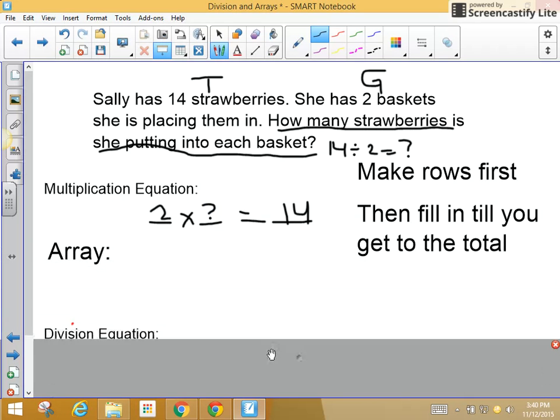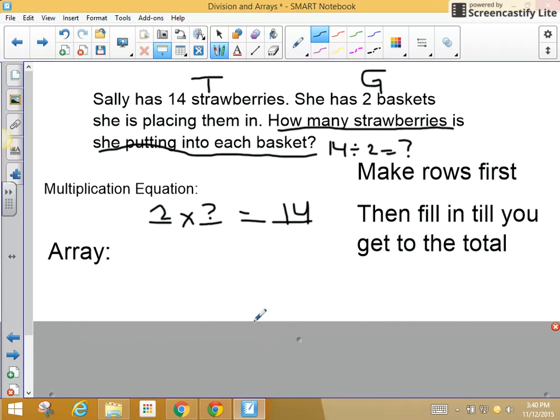All right, now let's show this with an array. This is the part I want to show you. Whenever you have a division sentence like this, you always want to start off with how many groups you have. So in this case, I have 2 groups. In an array, I'm going to make neat rows and neat columns. So I'm going to make my first 2 rows, 1, 2.